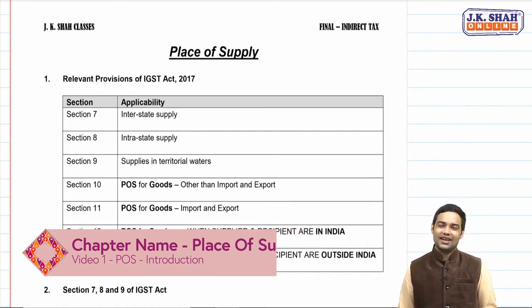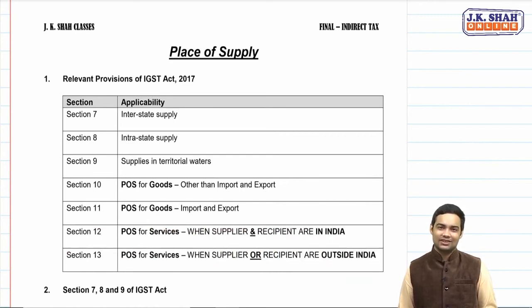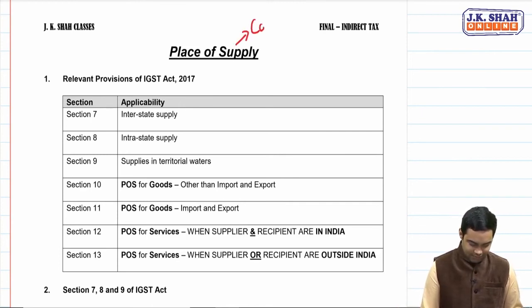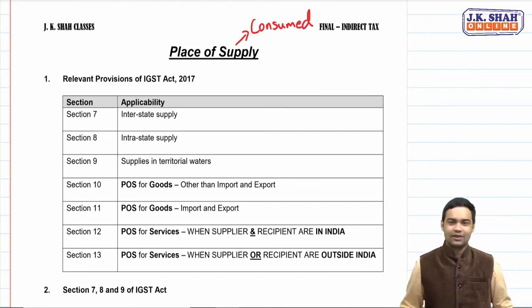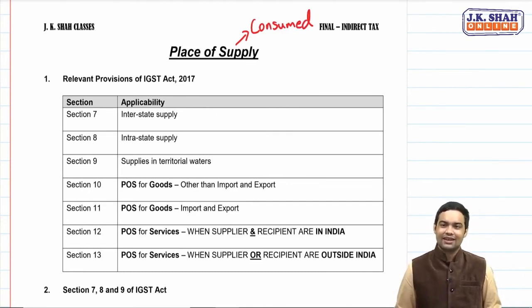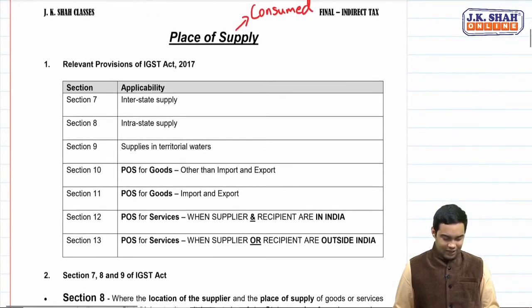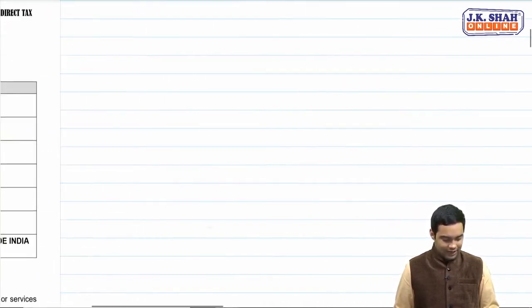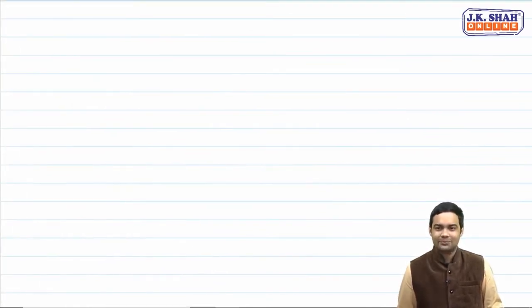It's now to understand what's the meaning of consumption. The meaning of consumption is given in the topic, which is place of supply. Place of supply helps us to understand where the goods or services are consumed, and based on this, tax is determined. Now, before we start with place of supply on page 37, I want you to sit back, relax, and watch.